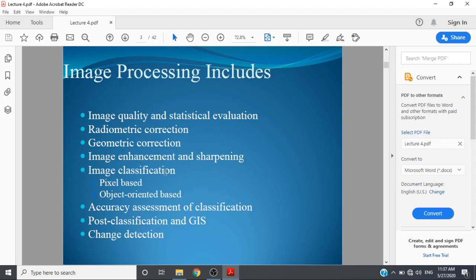Image processes include image quality and statistical evaluation, radiometric correction, geometric correction, image enhancement and sharpening, image classification, pixel-based or object-oriented based, accuracy assessment of classification, post-classification and GIS, and then finally change detection in the final processed image.